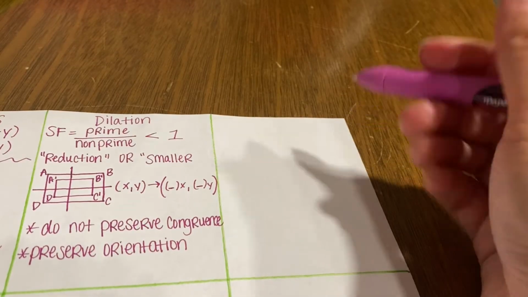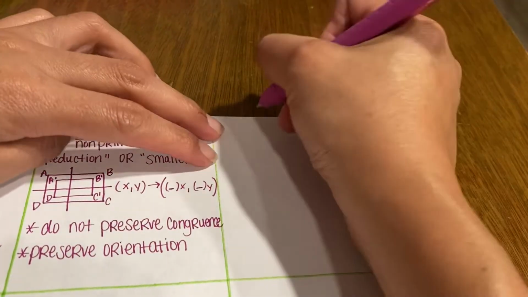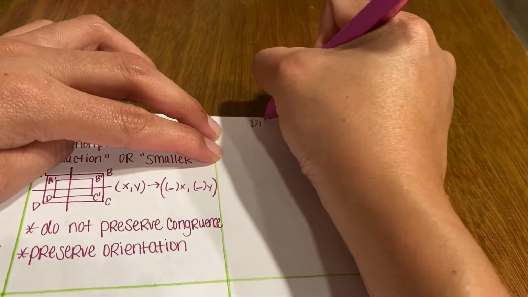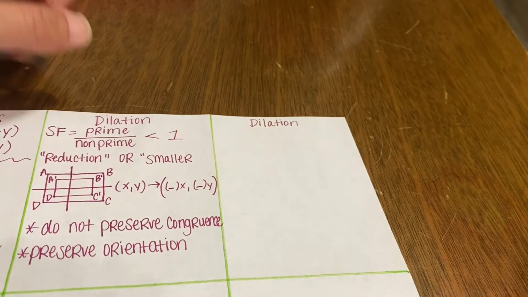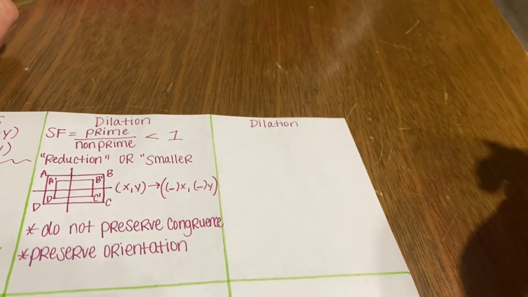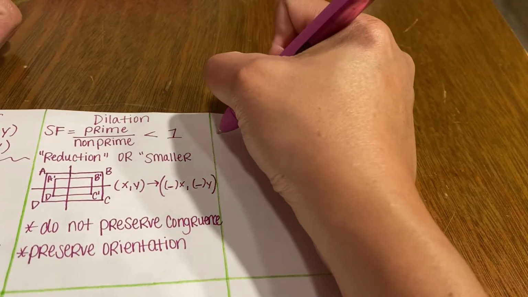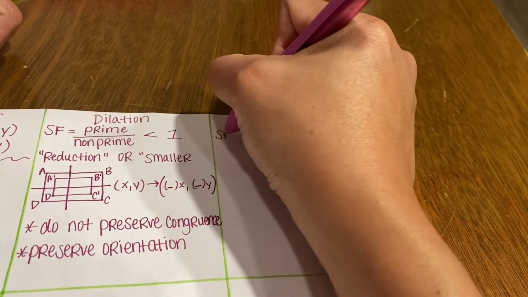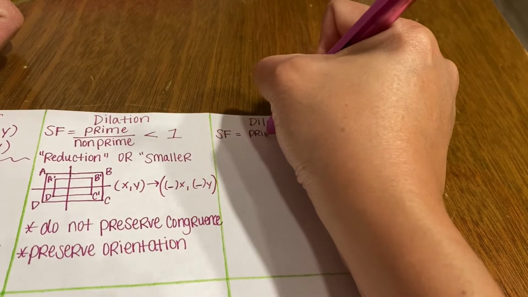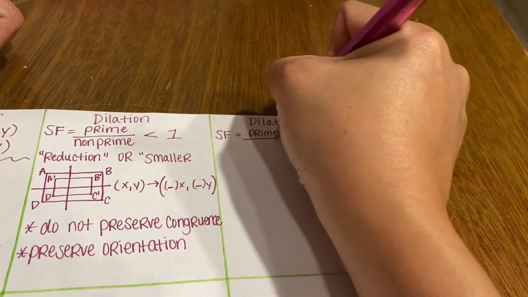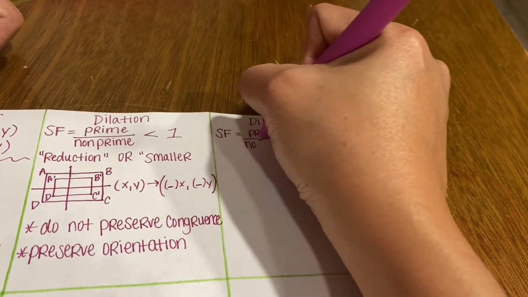Now in my third box, again, I'm going to talk about dilation, so label it dilation. And I'm going to remind myself how to find the scale factor, just like we did in the box before this. So scale factor is prime over non-prime.